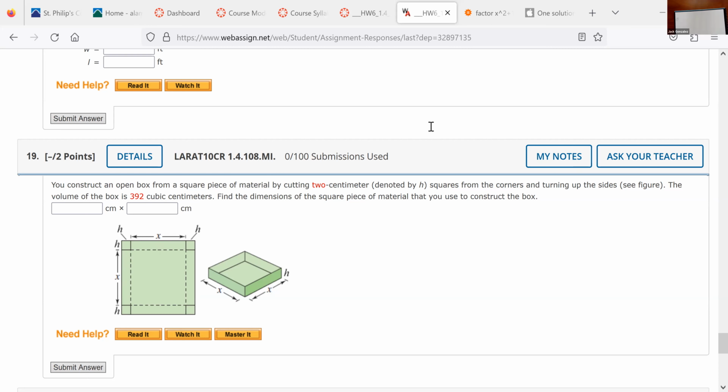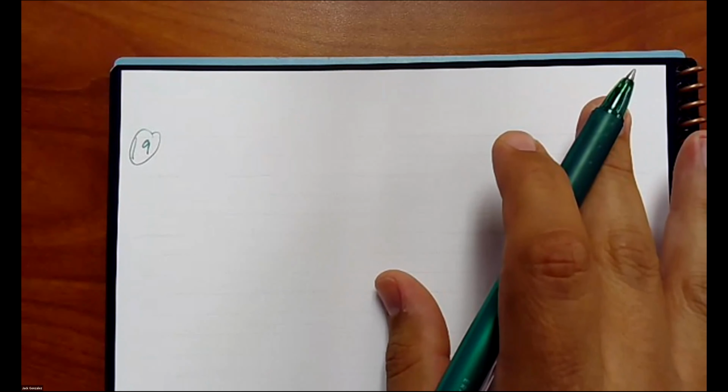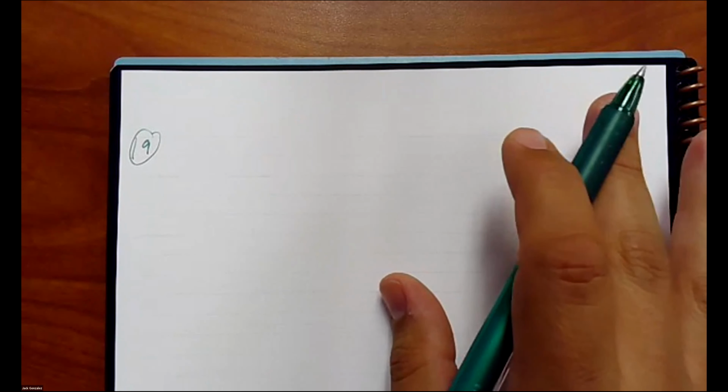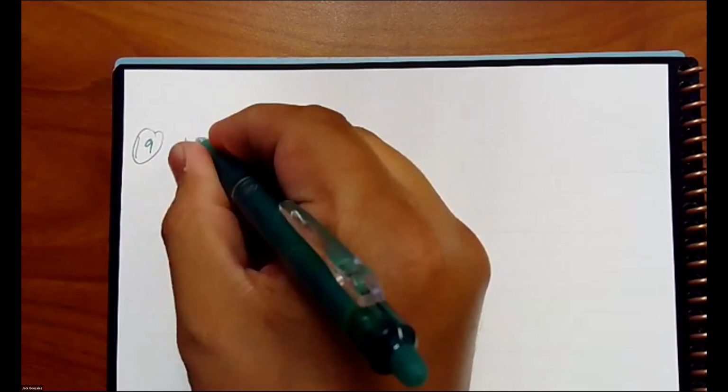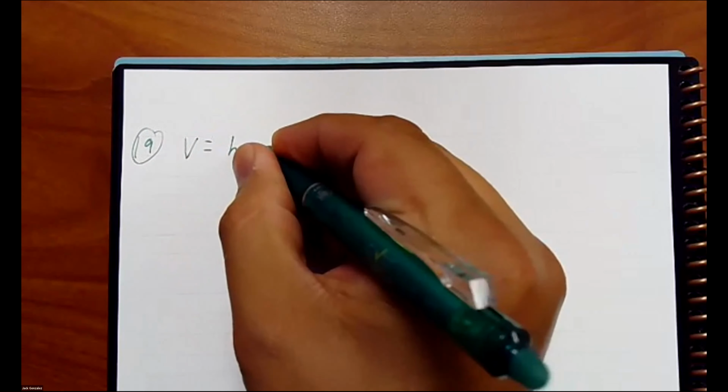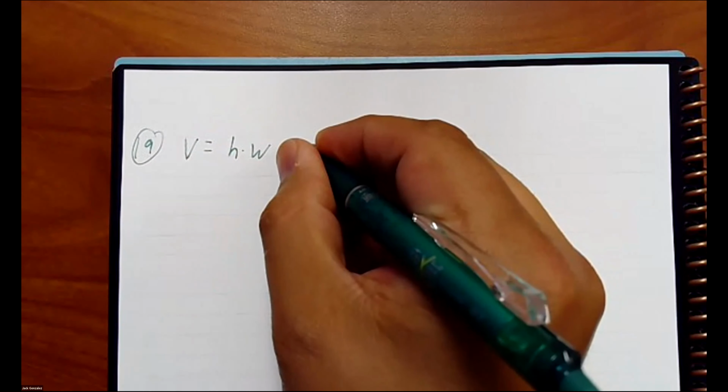Okay, so here we go, using all that information. We know that volume is equal to height times width times length.